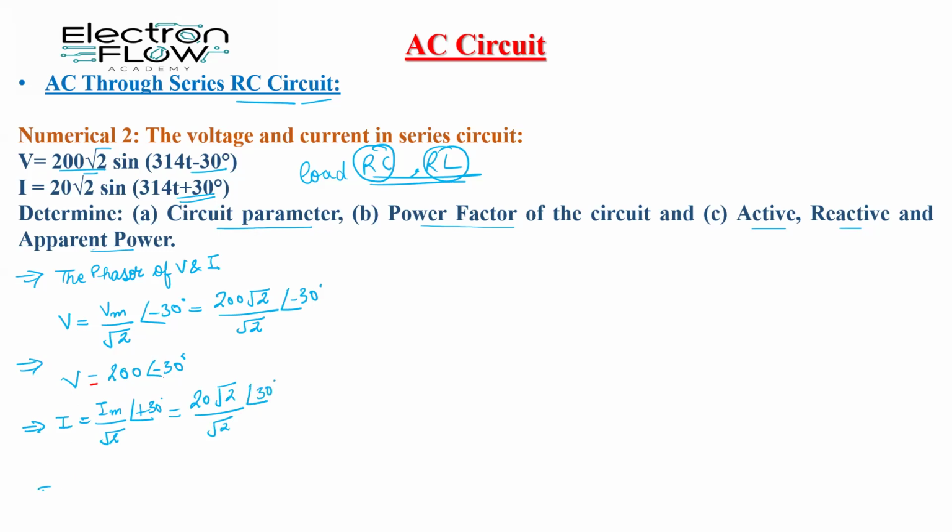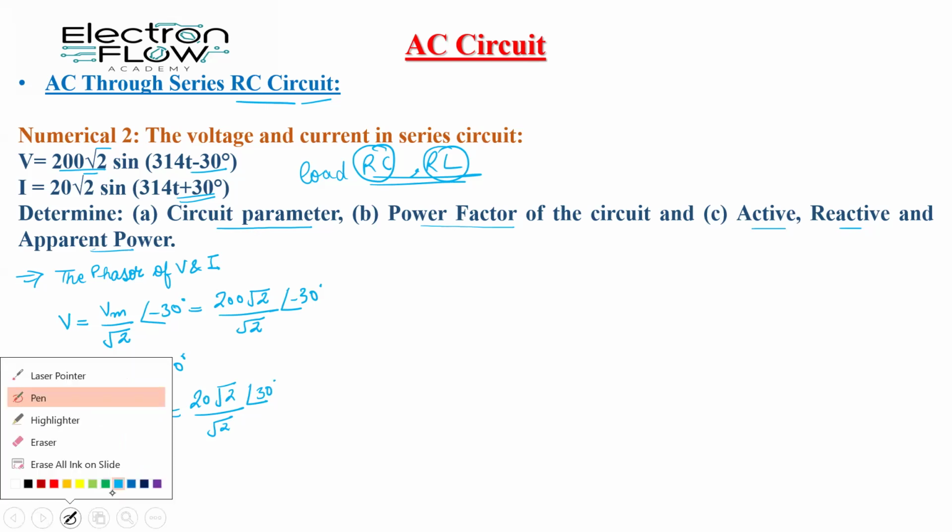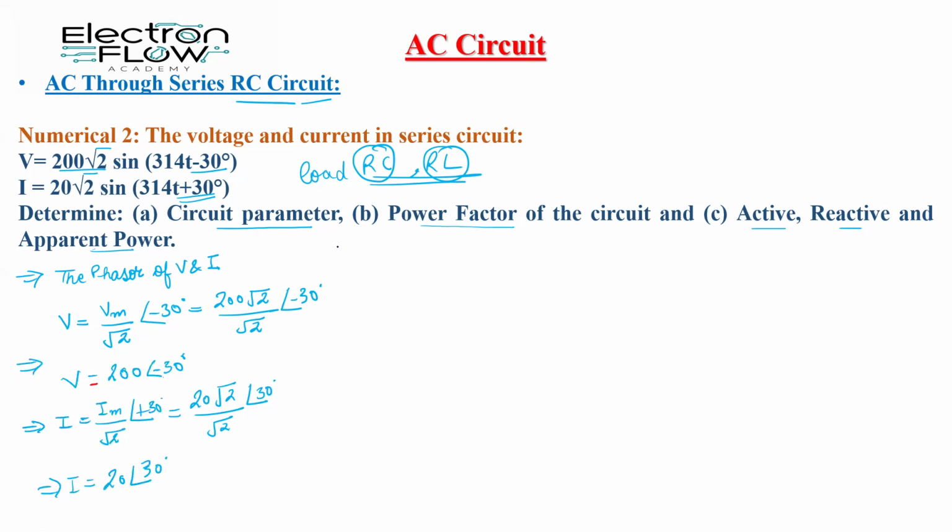So the polar value of the current is 20 at an angle of 30 degree, and this is the polar value of the voltage.